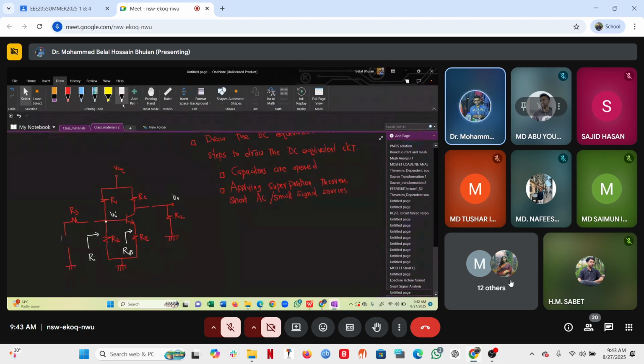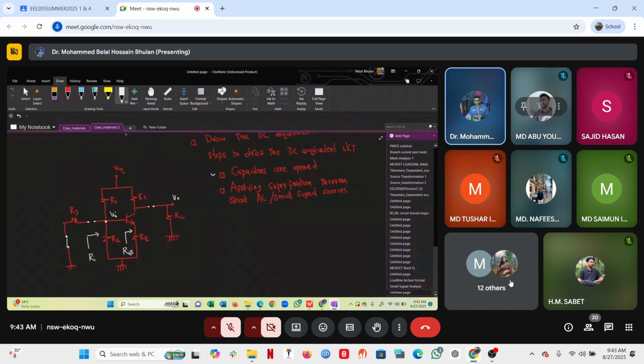But if you open the capacitor, it doesn't matter whether you short it out or not.